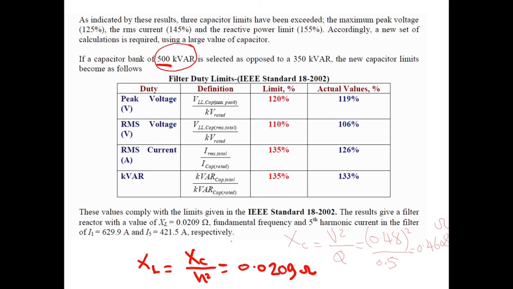So we need to repeat the calculation, and then we will find the voltage across the capacitor, the root mean square voltage, the peak voltage, the root mean square current, and the kilowatt. If we check that, those will be the result, and we find that this one will be in line with the standard. This is in line, that is in line, that is in line.